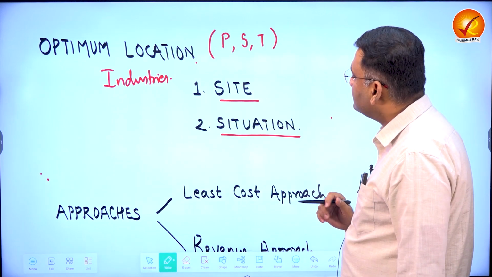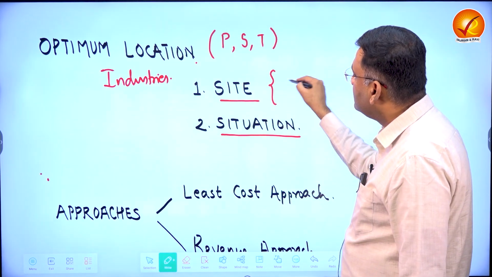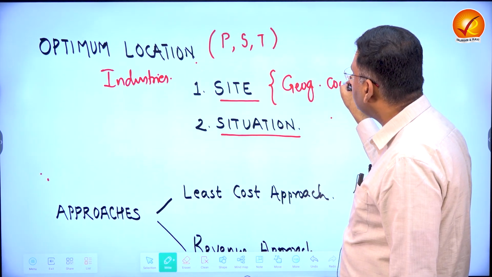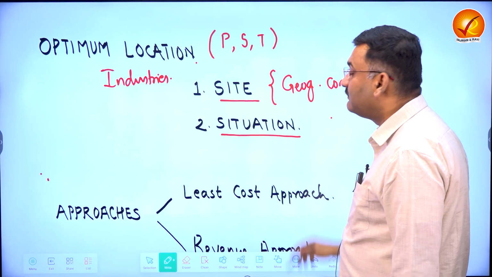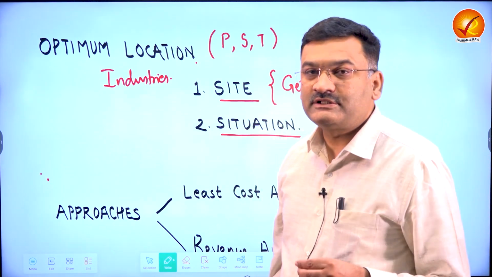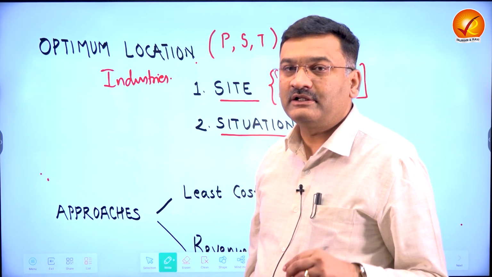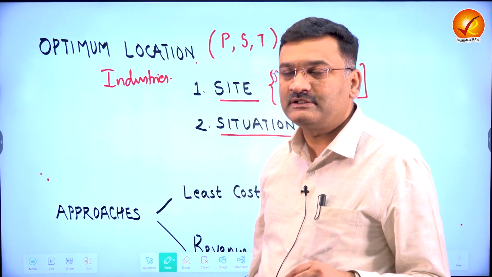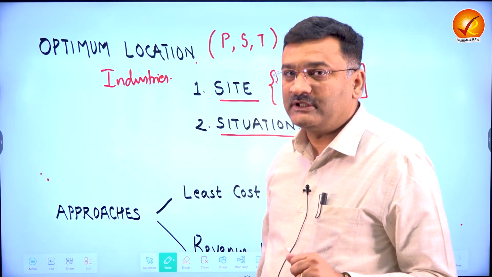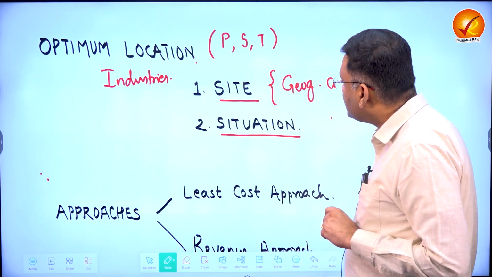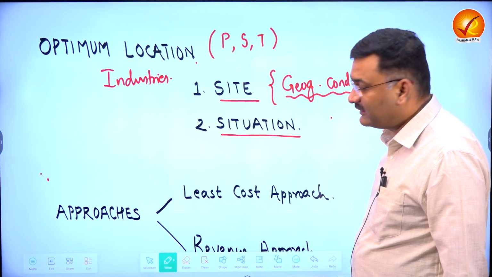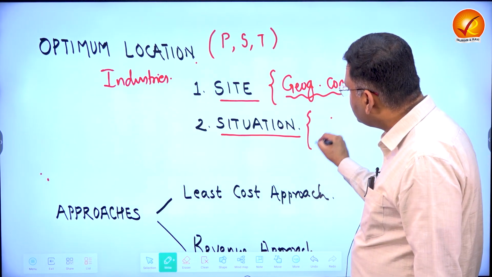One is the site. What is the meaning of a site? Site is the geographical conditions of that region. It means whether the industries are supported by the climatic condition, topographical condition, terrain, physiography or availability of raw material. So site pertains to the natural or geographical factors, and second is situation.